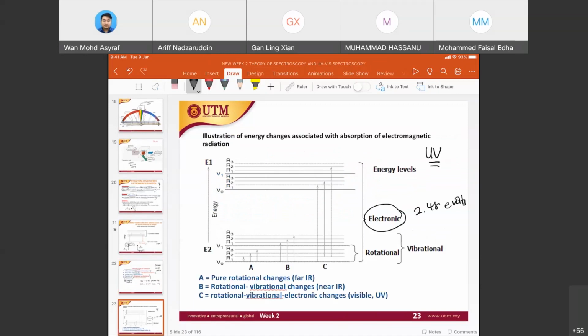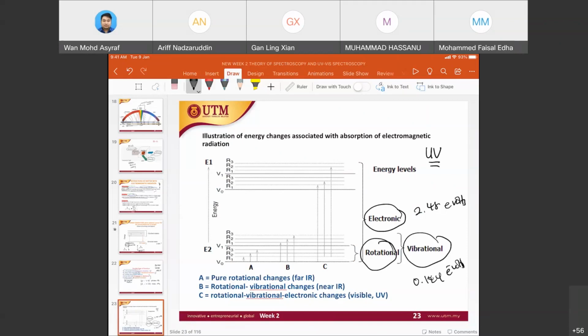But infrared can only achieve rotational and vibrational transitions because the energy is about 0.124 electron volts.